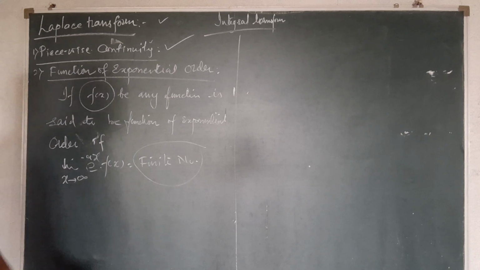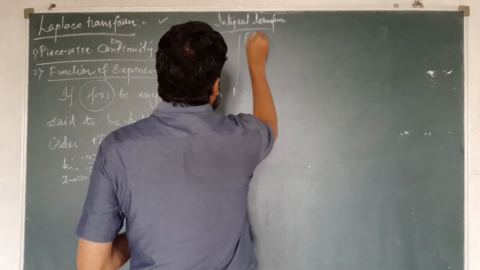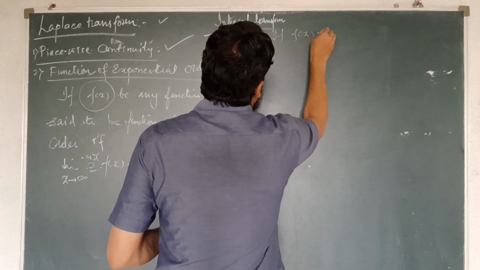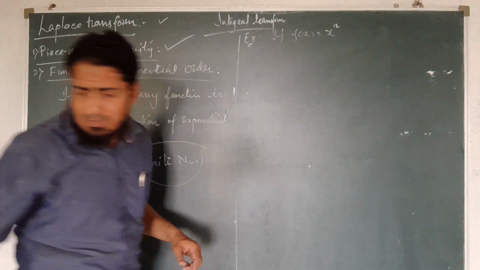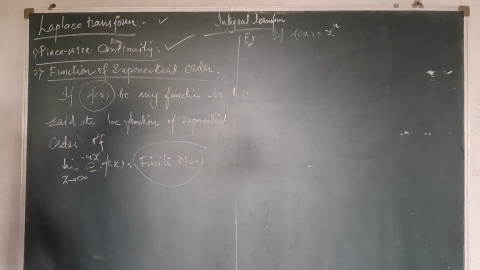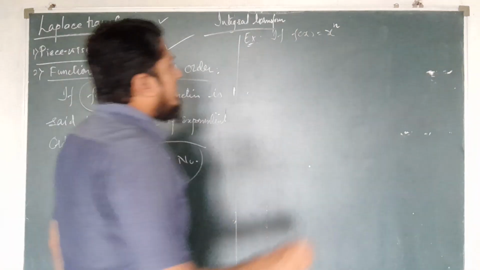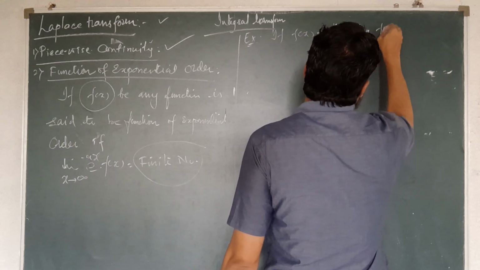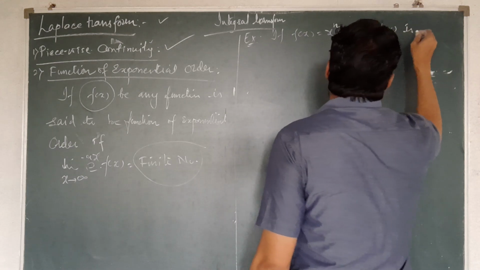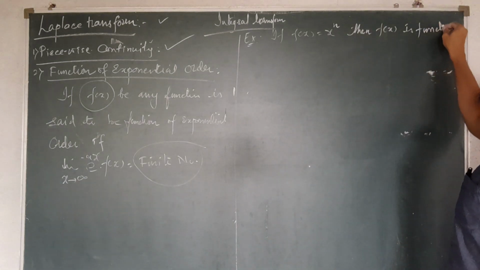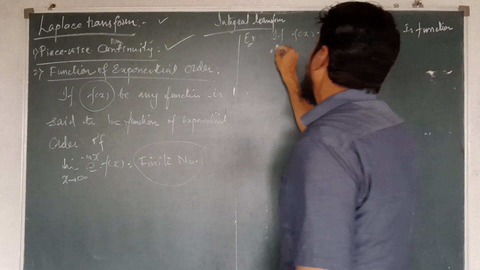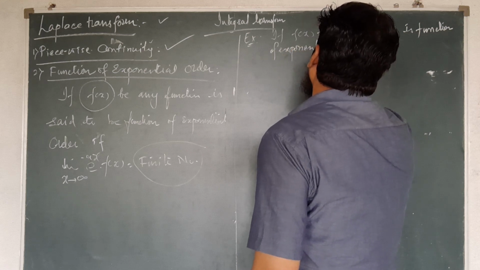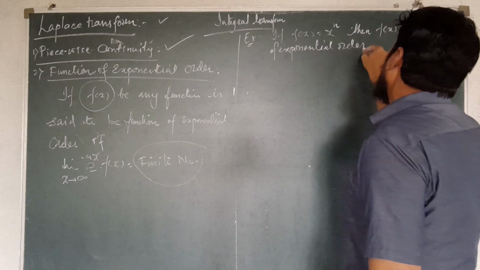So if f of x is equal to x raised to n, then is f of x a function of exponential order or not?